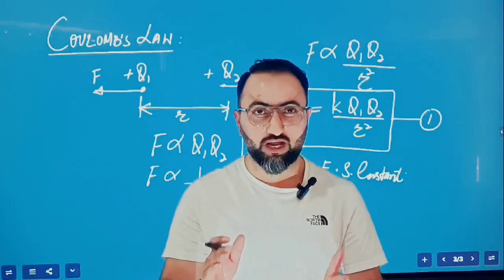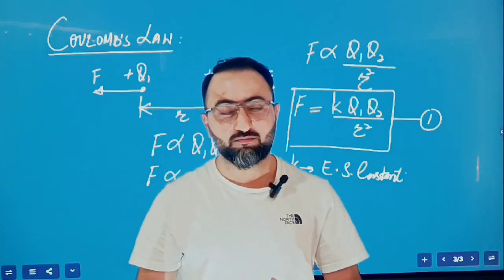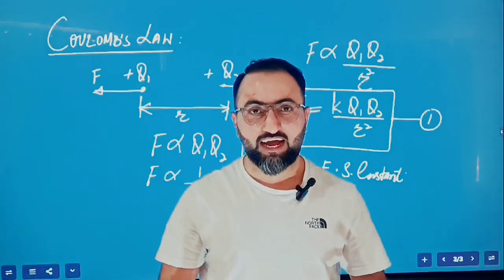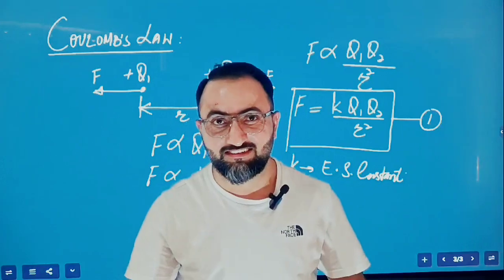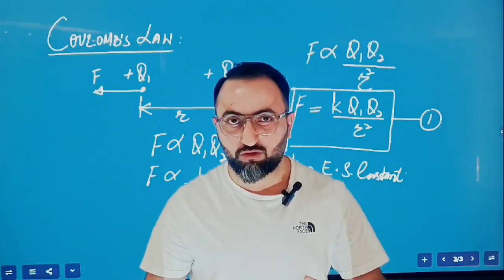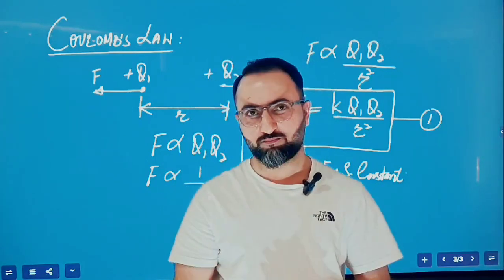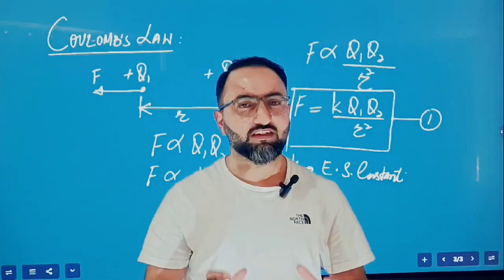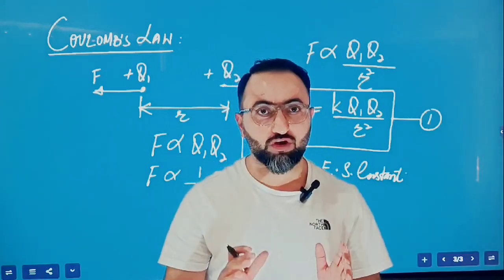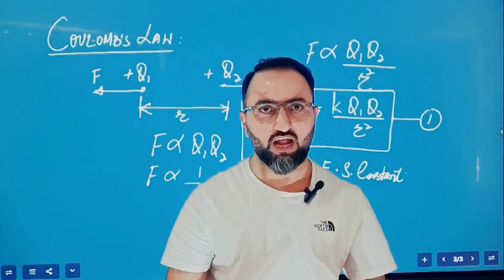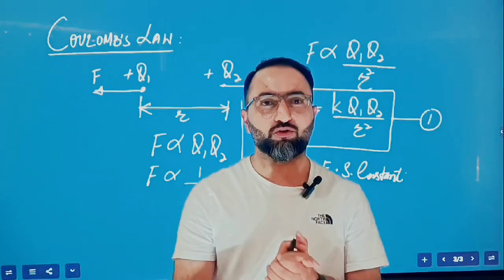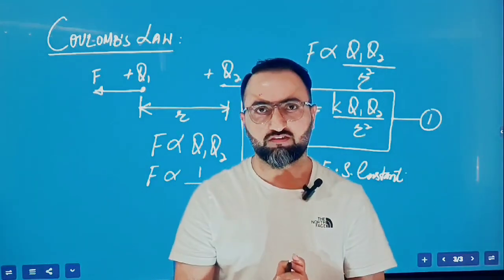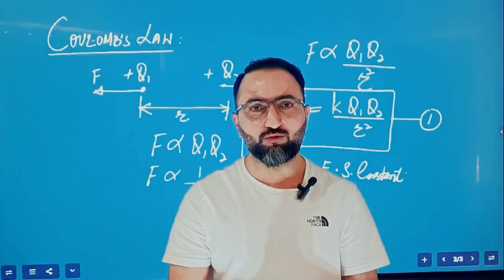There are exactly 4 combinations. The system of units you can use is SI or CGS, and the medium you can use is vacuum or any other medium. So depending on all this, there can be 4 different values of the electrostatic constant. I'm going to write down all those constants one by one, and we'll do that in the next lecture.